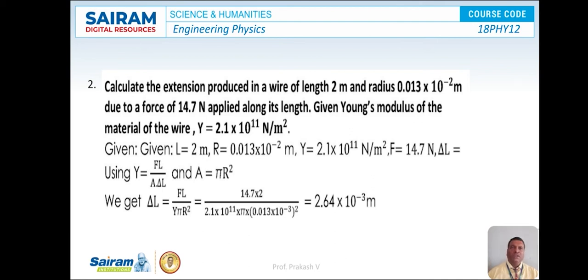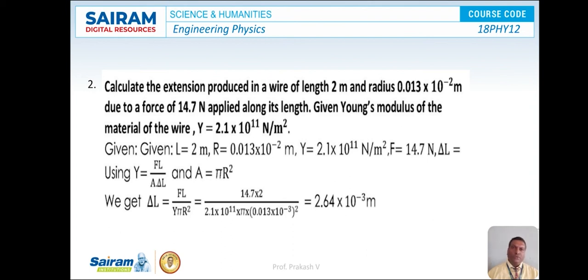So here the length of the wire L is equal to 2 meter, the radius is 0.013 into 10 to the power of minus 2 meter, Young's modulus Y is equal to 2.1 into 10 to the power of 11 Newton per meter square, and the force is also given, that is F equal to 14.7 Newton, and what is delta L? So how much extension is going to be produced if that much force is applied?